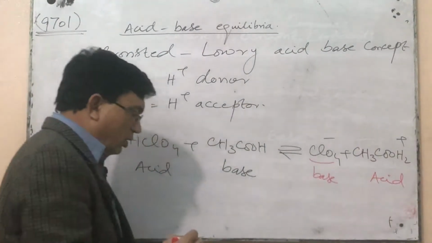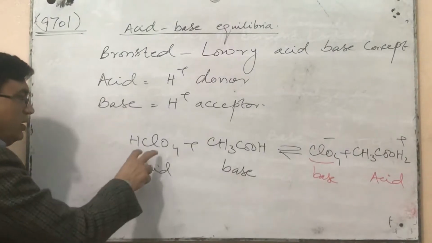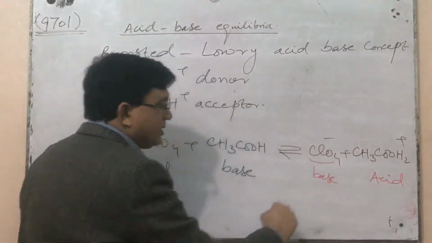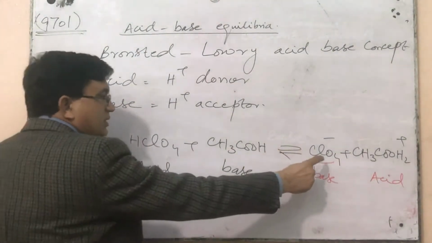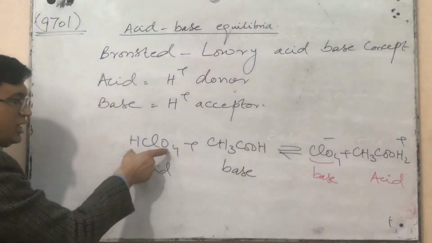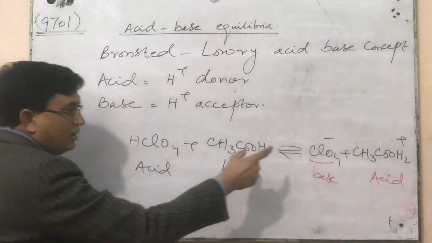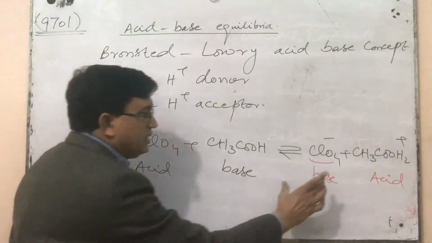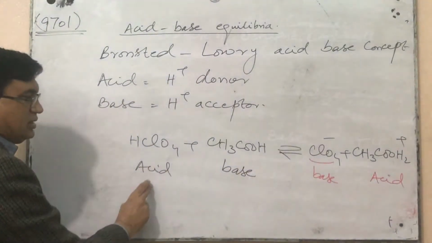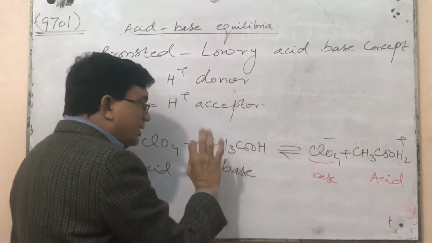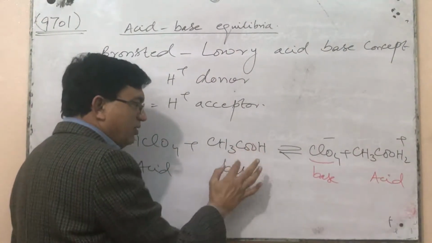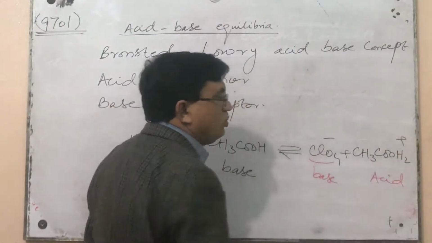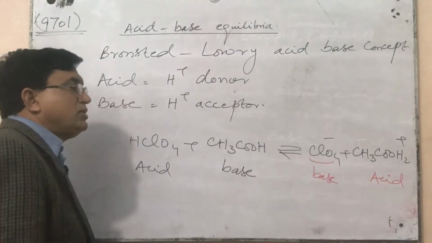Now, what does this mean? The acid which is present on the reactant side is transformed into a base. As the base which we are indicating is generated from this acid, that's why it is called the conjugate base of this acid. Now, on the reactant side, ethanoic acid behaves as a base and after accepting a proton, it is changed into a positively charged particle.